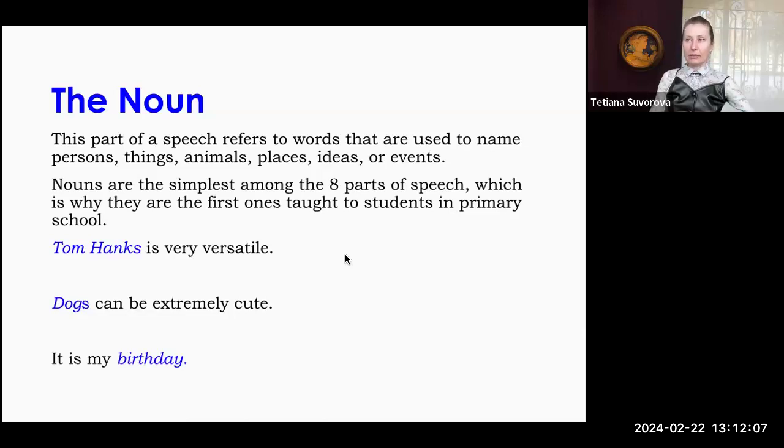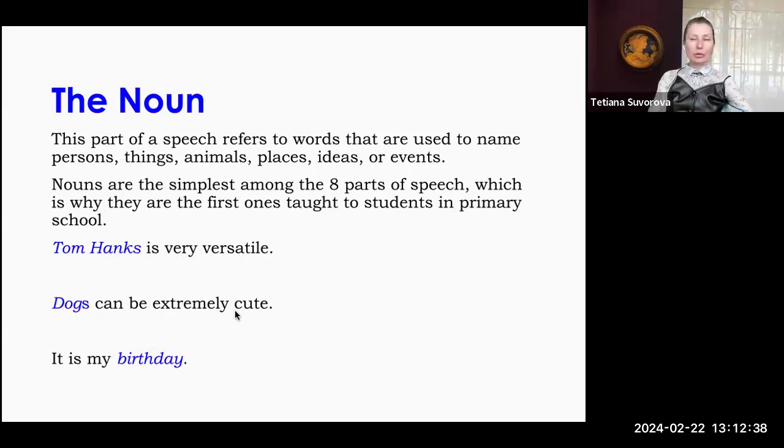For example, they nominate places, names, organizations, ideas, feelings, and so on. And they can perform nearly all the functions in the sentence, syntactical functions I mean. For example, the subject of the sentence, it is the most often. Or, for example, it's not given here in the example, Tom Hanks is very versatile, and dogs can be extremely cute.